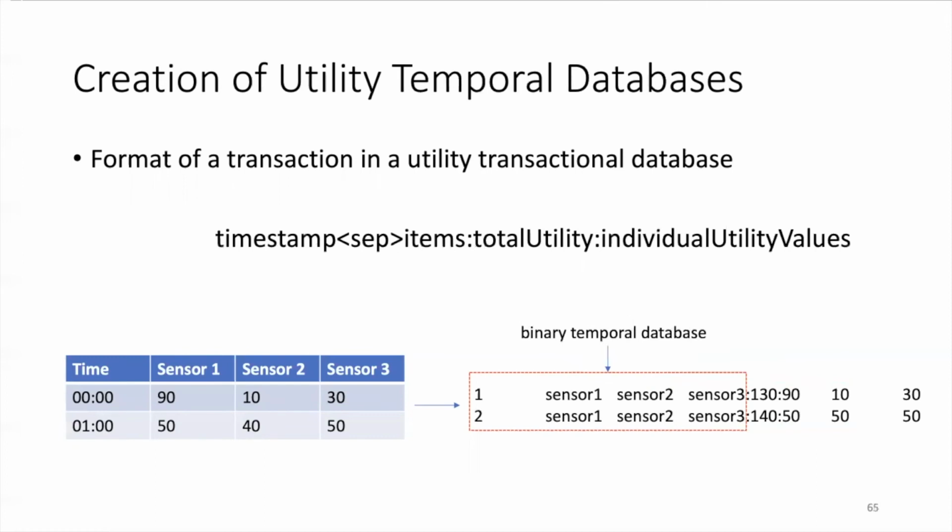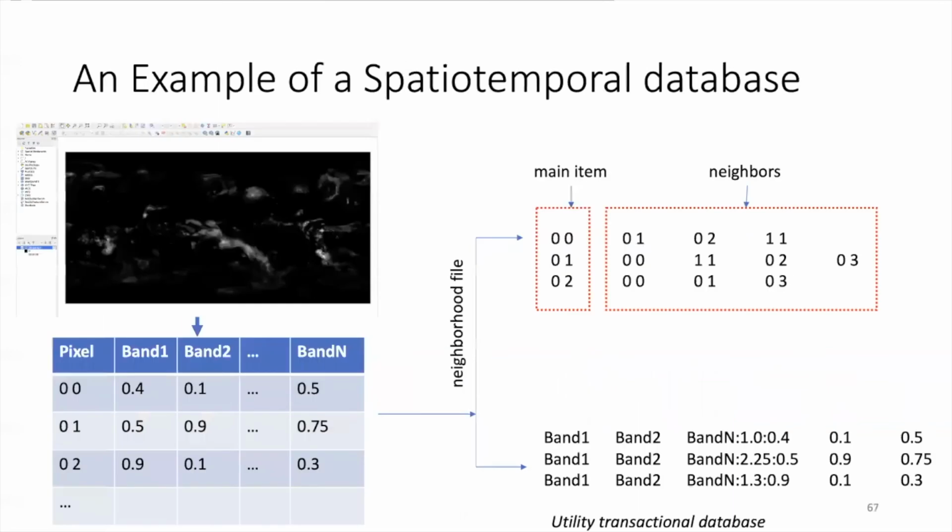Similarly, if we are creating a utility temporal database, we simply provide the timestamp information at the beginning. For spatiotemporal also the same thing. We provide the neighborhood file on one side and the utility transactional database as another file.